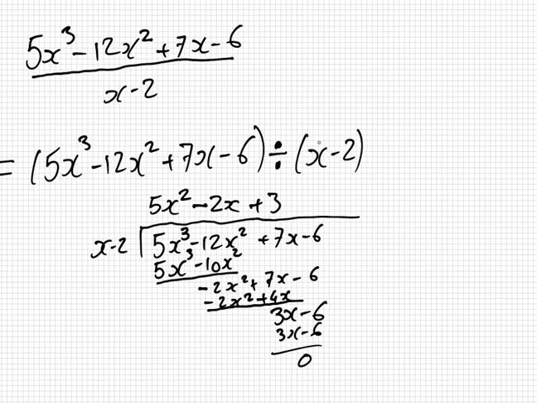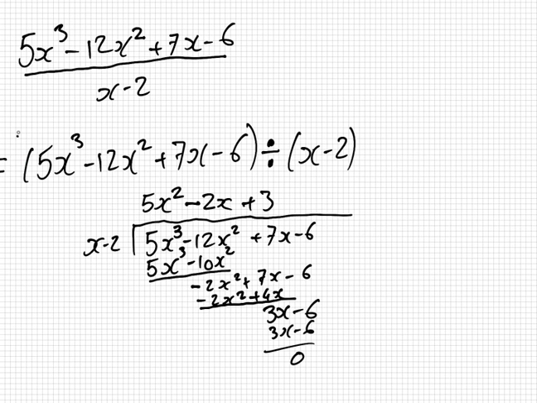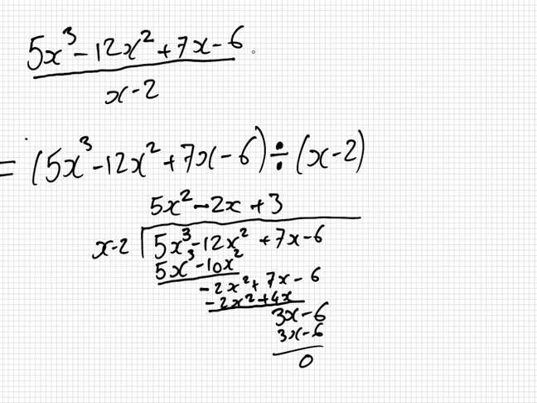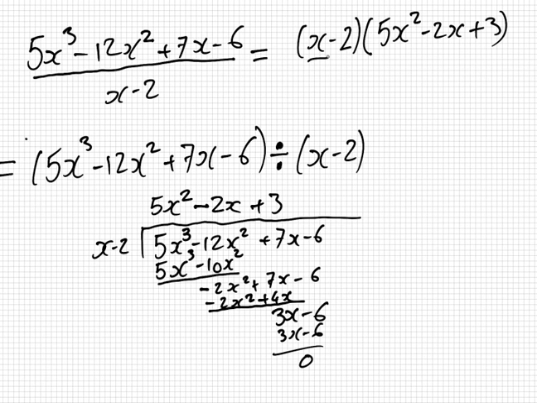Now you recognize that this cubic on the top, you can write as x minus 2 multiplied by 5x squared minus 2x plus 3, all over x minus 2.